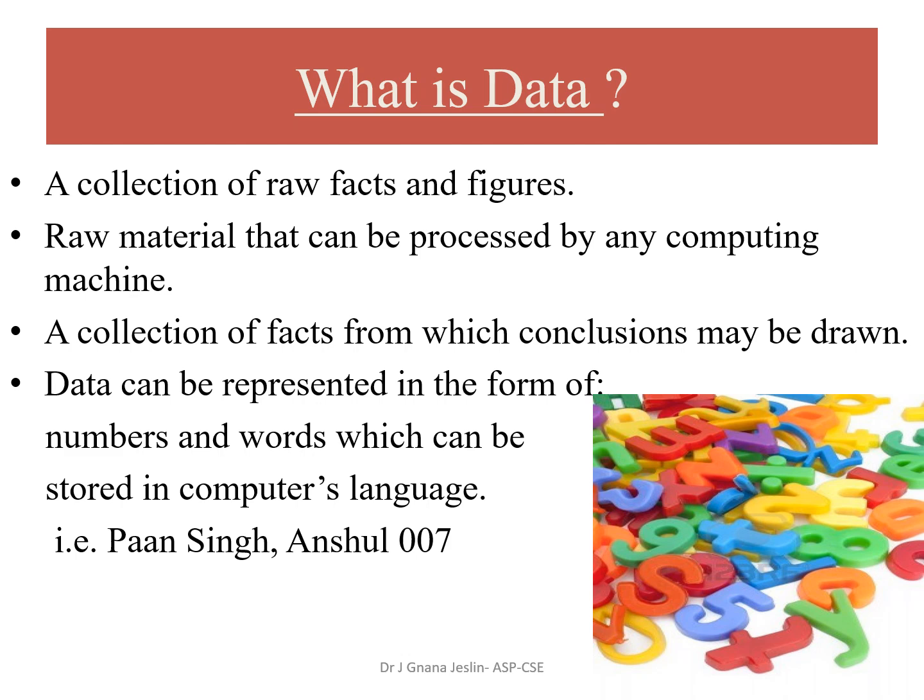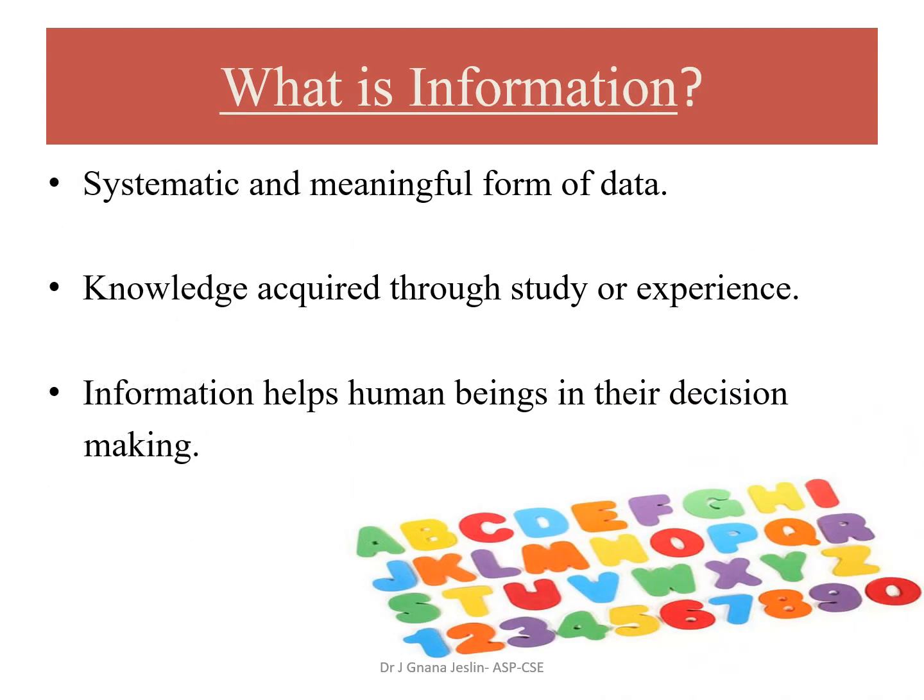So what is data? Data, as you all know, is a collection of raw facts and figures. Similar to a raw material, it can be processed by a machine in order to get information. If you have a look at this picture, the letters, the alphabets, the numbers are jumbled together. That forms the raw data. When this data is clubbed together in some meaningful form, it creates information.